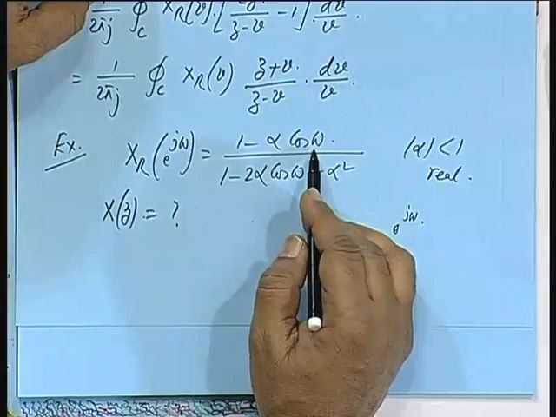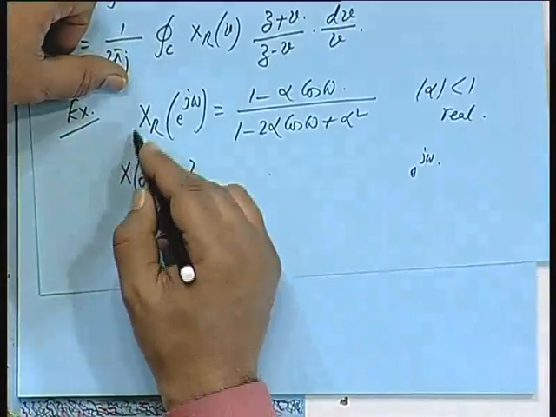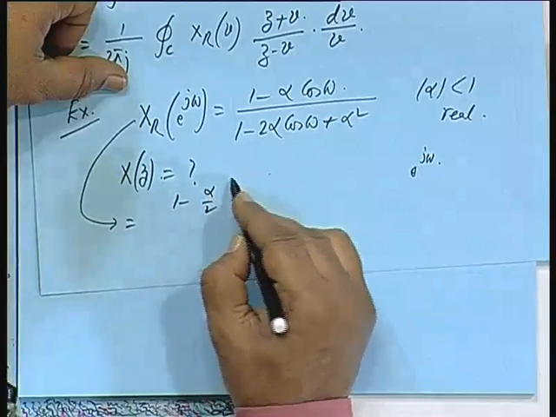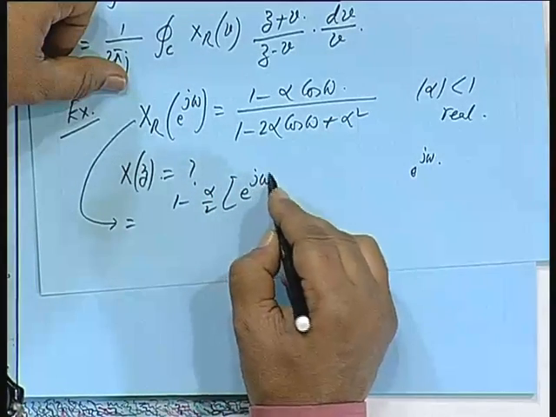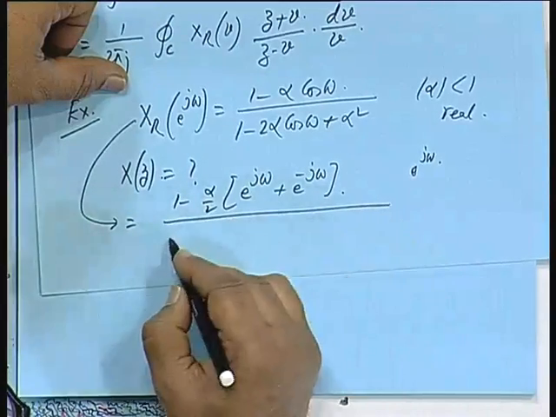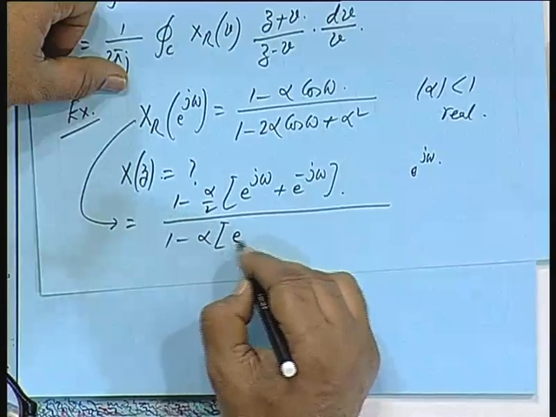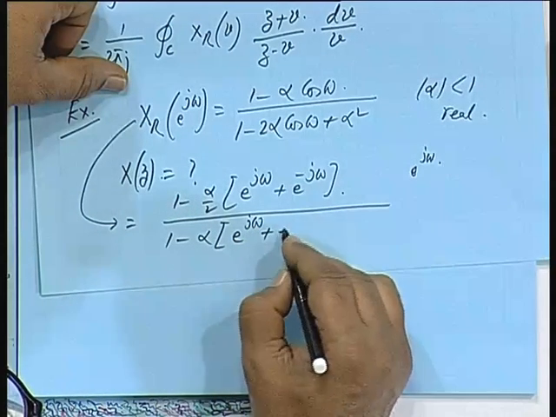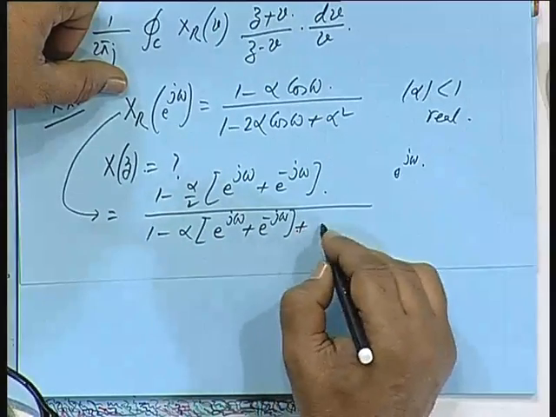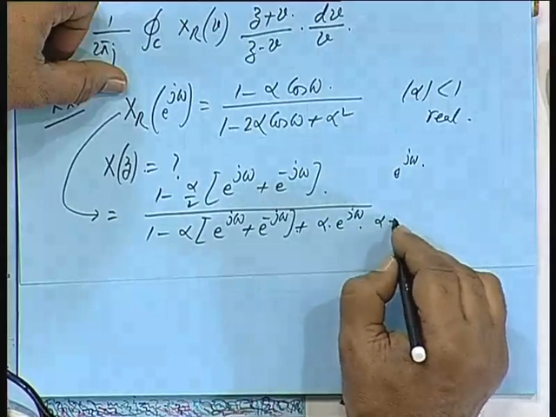Cosine omega I can always write in terms of e to the power plus j omega and e to the power minus j omega. So, let us do that. So, the given expression will be equal to 1 minus alpha by 2 times e to the power j omega plus e to the power minus j omega, over 1 minus alpha times e to the power j omega plus e to the power minus j omega, plus alpha times e to the power j omega into alpha times e to the power minus j omega.